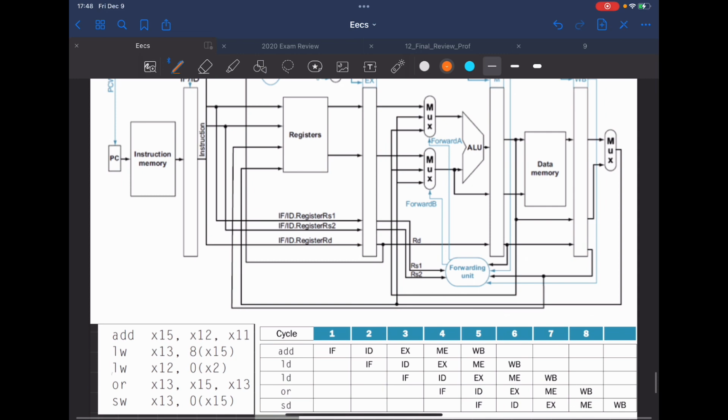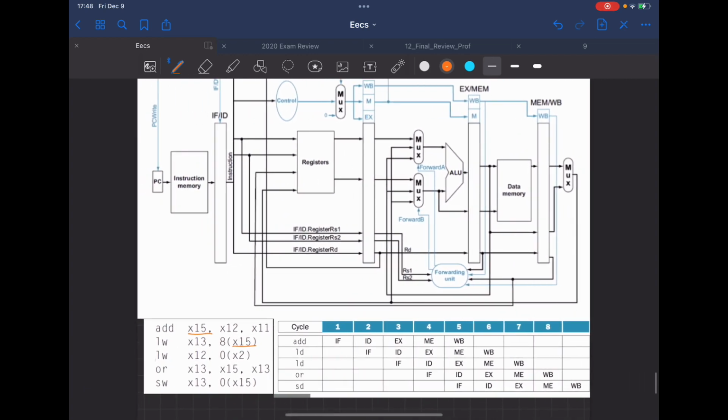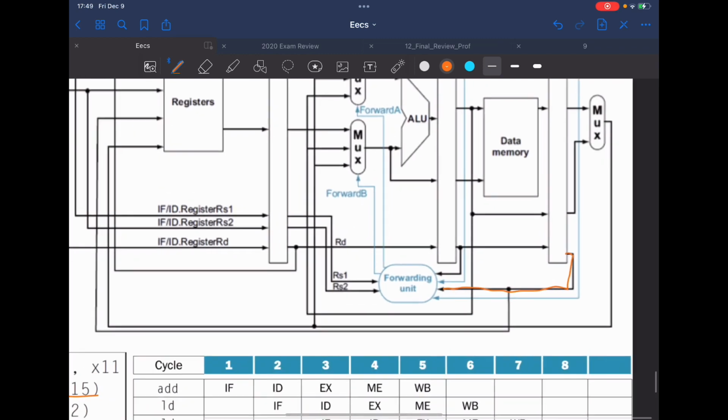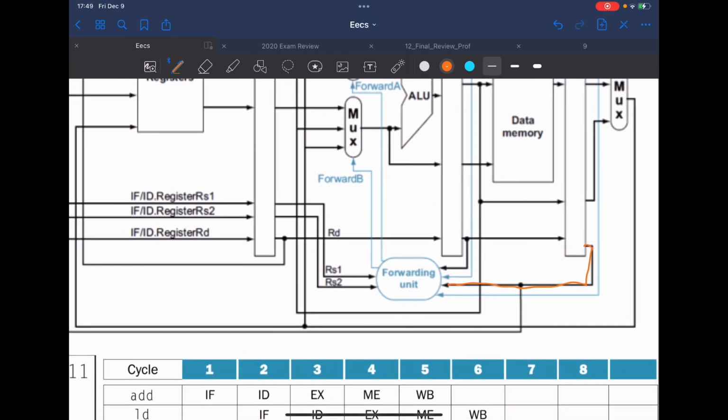Like I said, it would notice that this destination register and this RS1 are the same. How would it know that this destination register is one of them? That is a great question. How it knows is that this wire is from the write back phase.